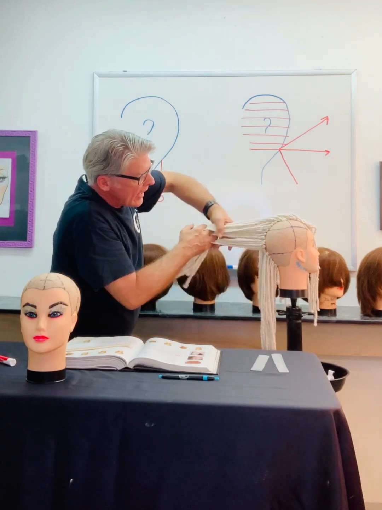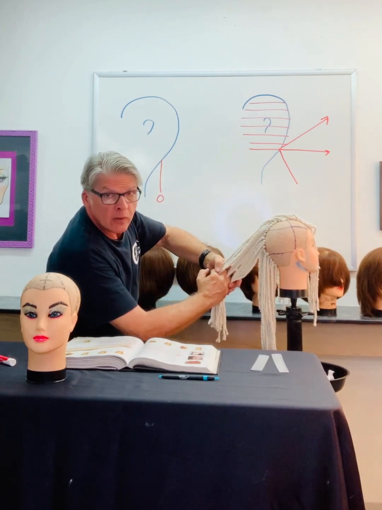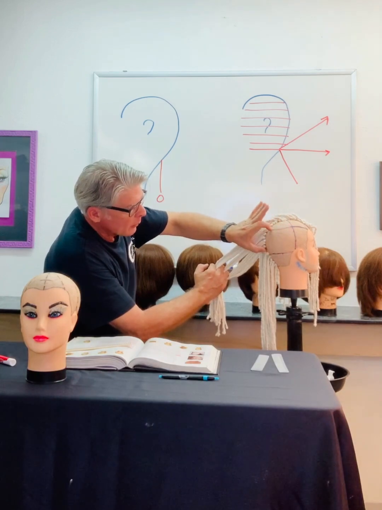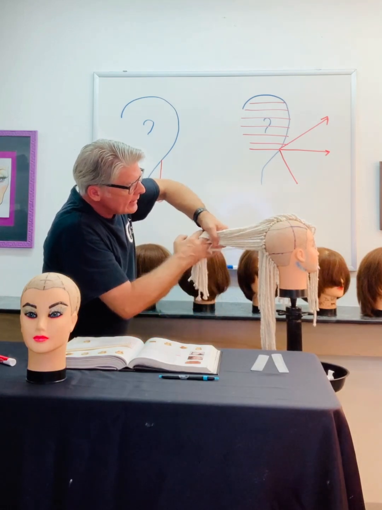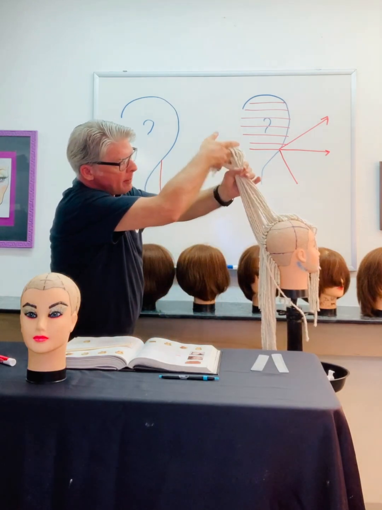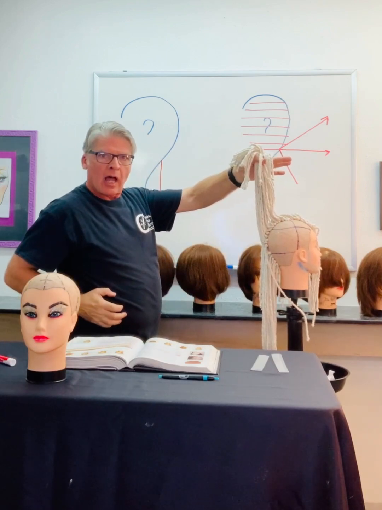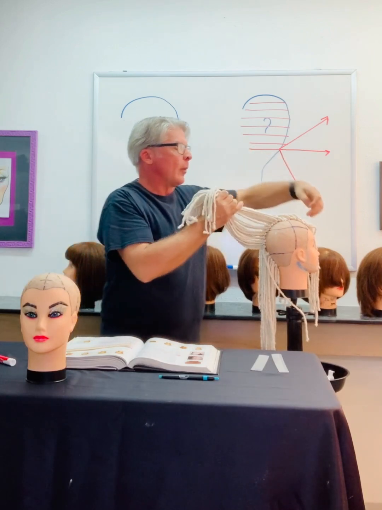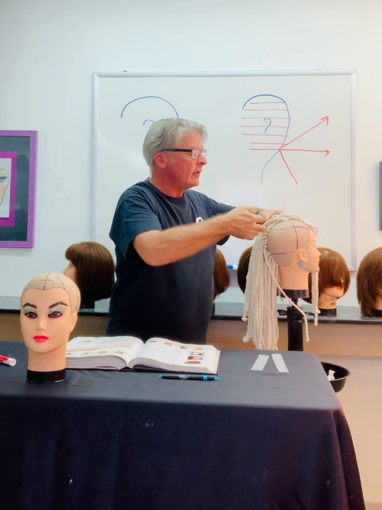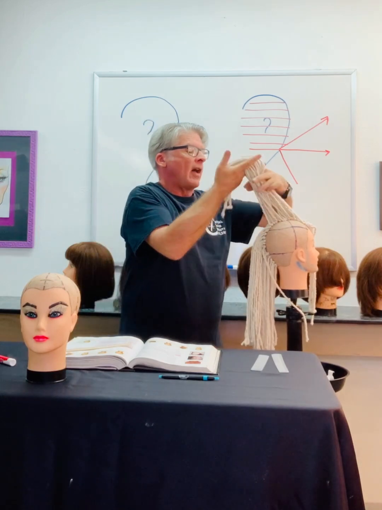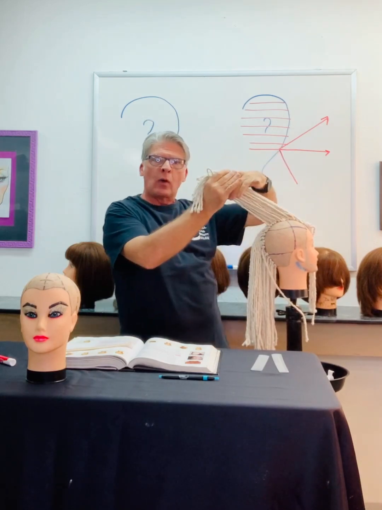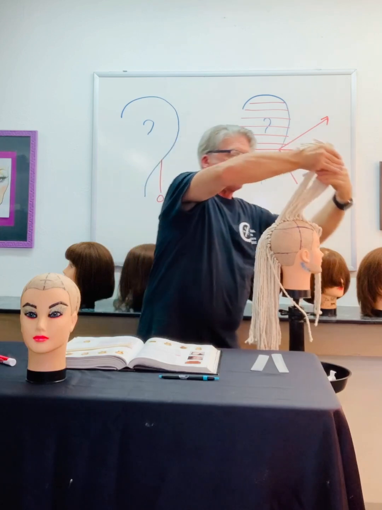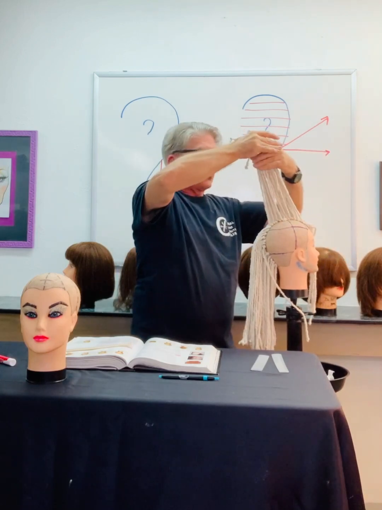At the back of the head, there's your 45 in this parietal ridge area, 90, and then if I go up in this area, I'm at 180. When we're talking about the top of the head, if I pull the hair in this way, I'm at 45. If I'm going there, it's 45.